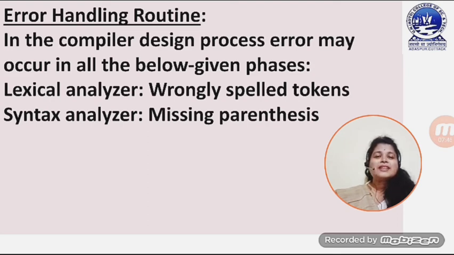One is compilation error or grammatical error, and another one is logical error. But particularly here the compiler is handling grammatical error, which is called syntactical error or syntax error. Now we will discuss how the error handling routine performs the task. In the compilation phases, the error handling routine works in every phase. We will discuss it one by one.